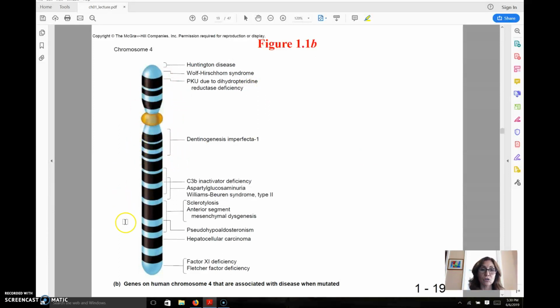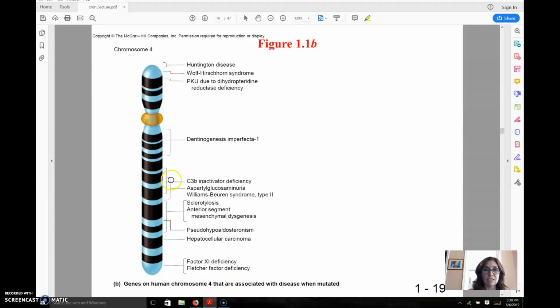So for example, here is a picture or a graphic of chromosome number 4. On chromosome number 4, you're seeing a number of diseases that are associated with chromosome 4 when certain parts of chromosome 4 are mutated. So Huntington's disease, the DNA sequence for Huntington's disease, when it's mutated, you can find up here near the top part of chromosome 4.